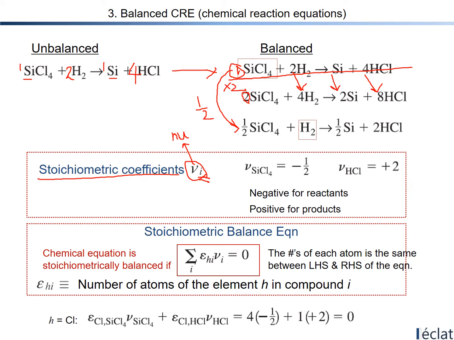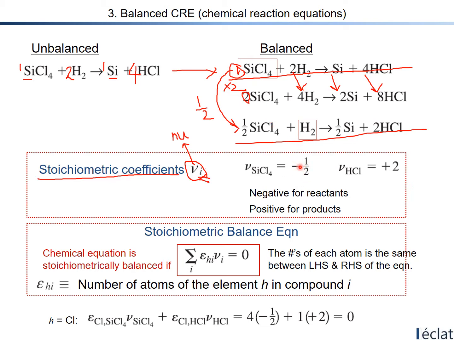For example, in these chemical reaction equations, let me change to the pointer. So nu of tetrachlorosilicon is 1/2, but you should recognize the minus sign in front of this value. This half goes there, but this is the reactant, so in that case you should add a minus.